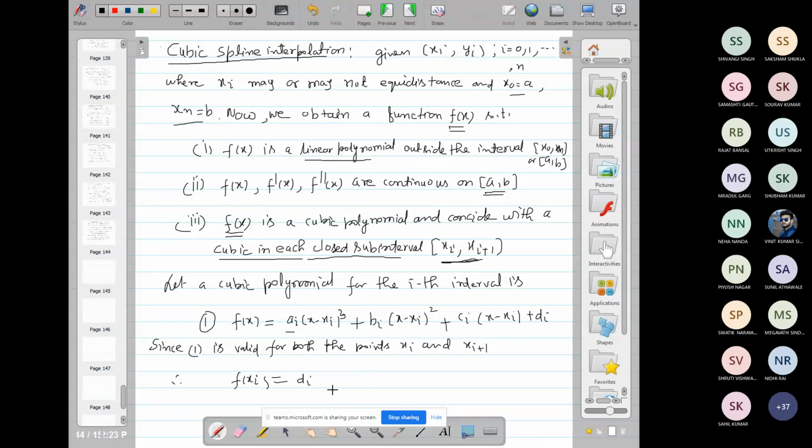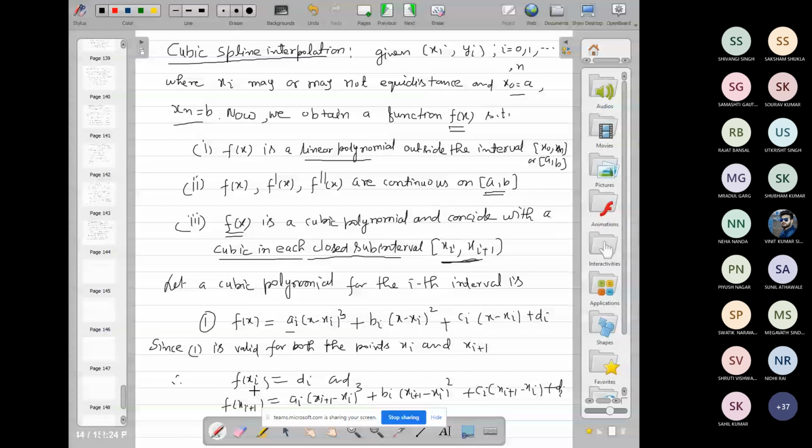And f(xi plus 1) is equal to ai (xi plus 1 minus xi) cubed plus bi (xi plus 1 minus xi) squared plus ci (xi plus 1 minus xi) plus di.